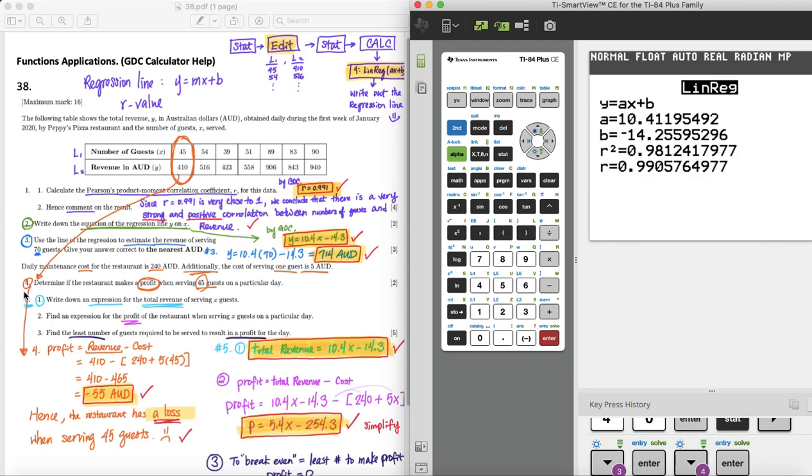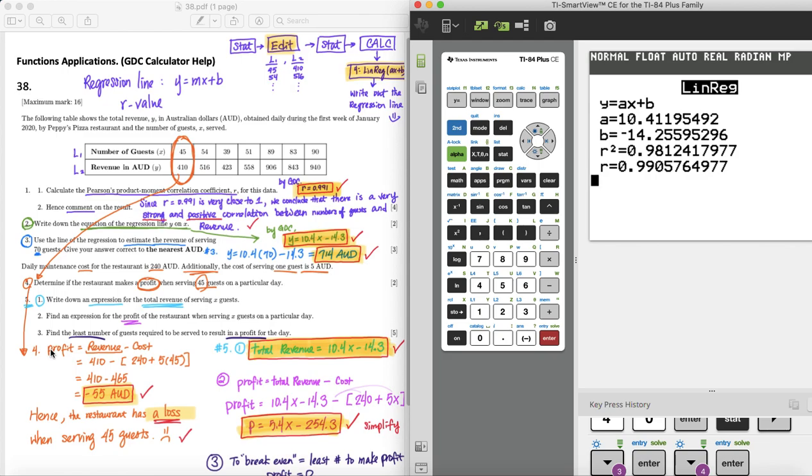So 4 here tells us you have a daily maintenance cost for the restaurant. It's $240. Plus, here you see the additional cost of serving one guest is $5. They want us to determine if the restaurant is making a profit or not by serving 45 guests on a particular day. So use your eagle eye.